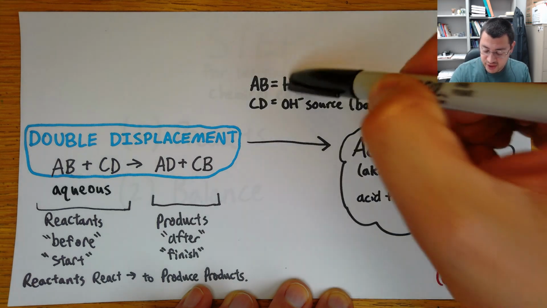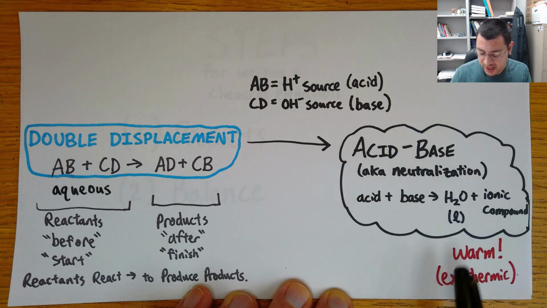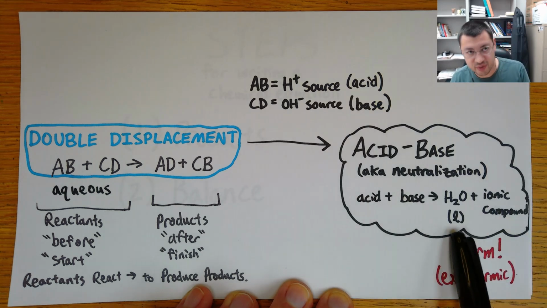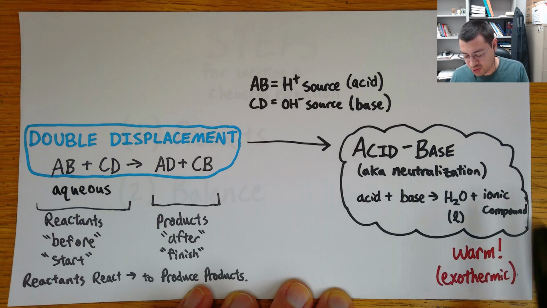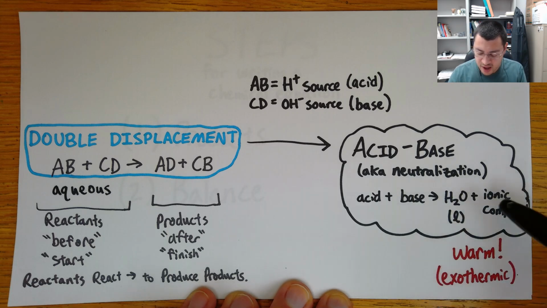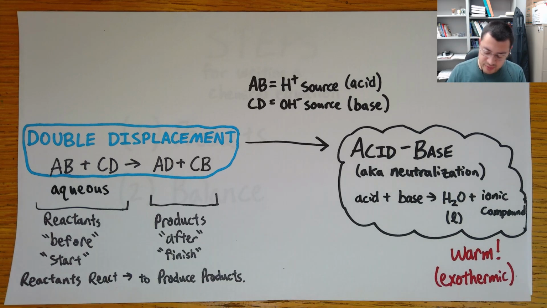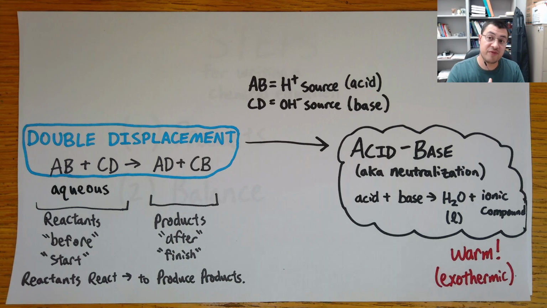If you have an H+ and OH-, what are you going to make? You're going to make water, a liquid, and some sort of ionic compound. That ionic compound might be a solid, a precipitate, or it might be aqueous. So we'll use solubility rules like we talked about in the previous video to figure out some of that.